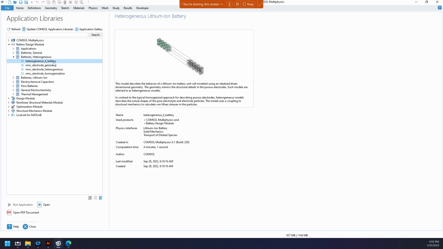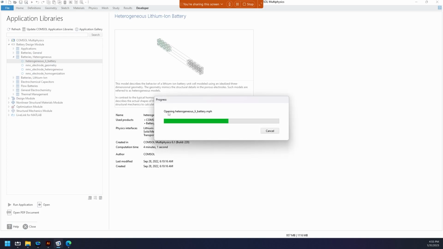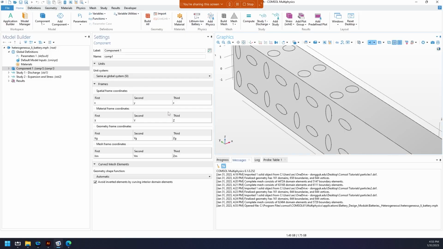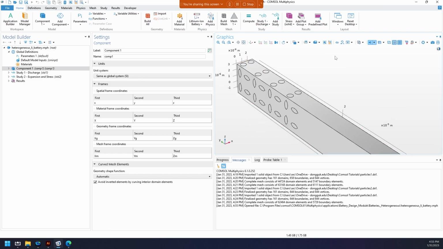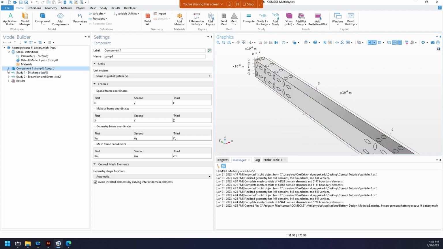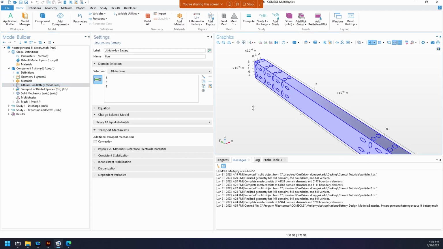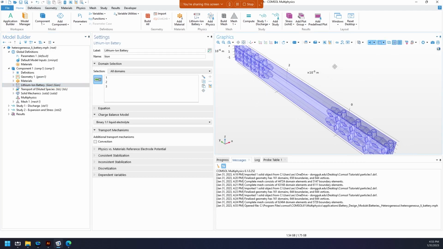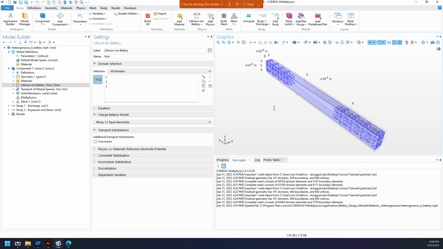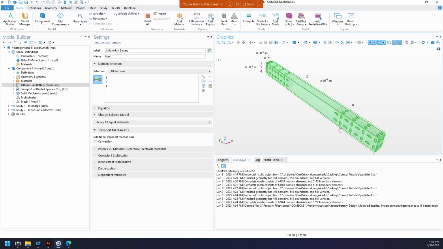In a heterogeneous model, this is a built-in example. This is actually a battery model, called a heterogeneous lithium-ion battery model.